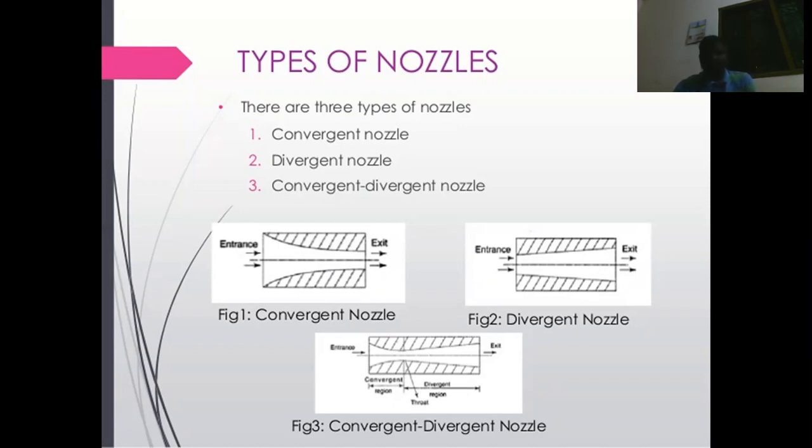And also we are using nozzles in hydraulic turbines in order to increase the velocity of the water to strike properly on the plates of the turbine. And also we are using nozzles in steam power plants in order to increase the velocity of the steam, when the steam is coming out of the boiler and going into the turbine.